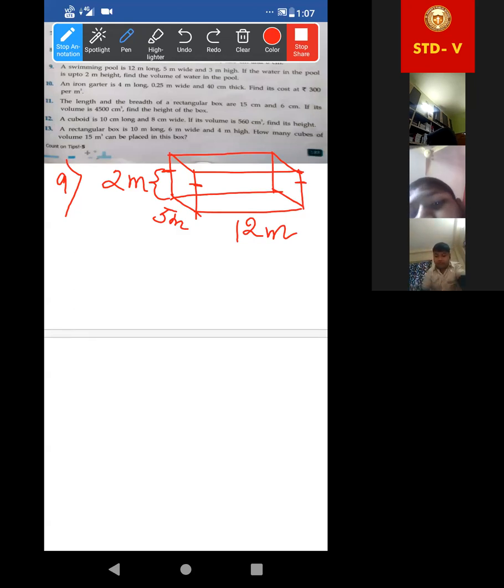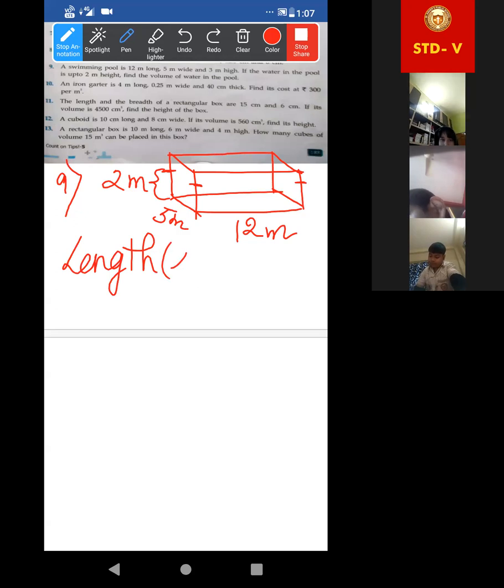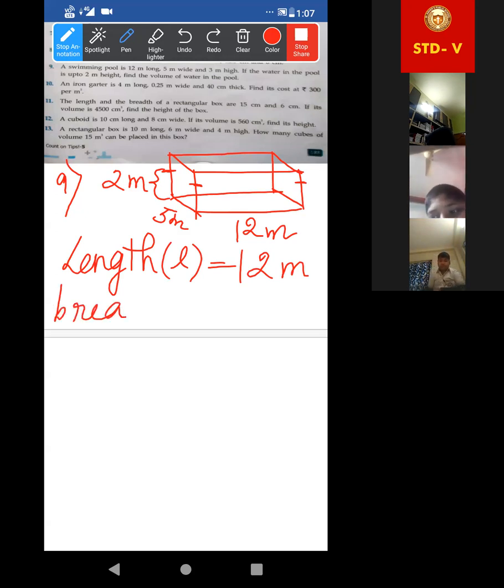Just write length L is equal to 12 meter. I'll check the copy while you are writing the whole thing. Just normal multiplication, that will not be done, okay? Breadth 5 meter.